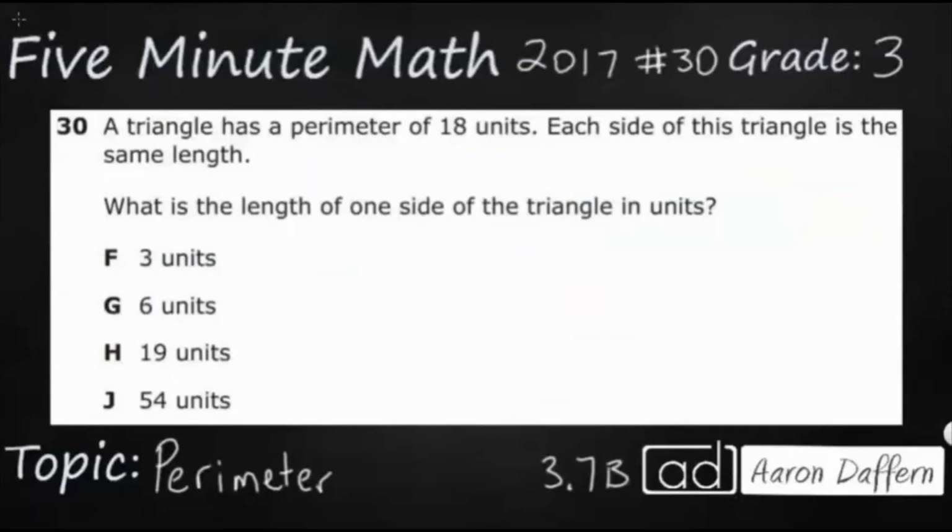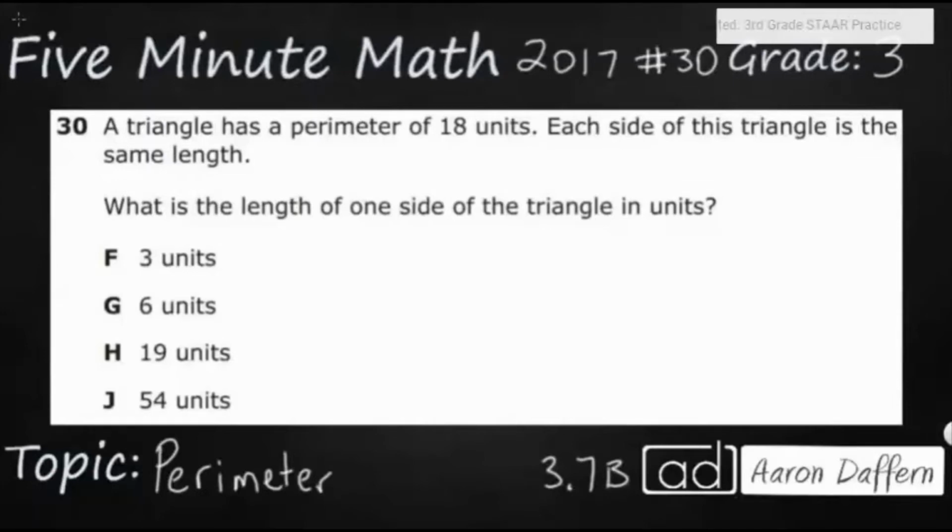Question 30 of the 2017 released STAR test. If you have not done so already, please go ahead and take a moment to pause the video, work this problem out on your own, unpause it, and then we will look at our answer together. So we're supposed to try to find the perimeter, or we actually have the perimeter, but we don't have any pictures here. So drawing a picture is going to be very helpful.